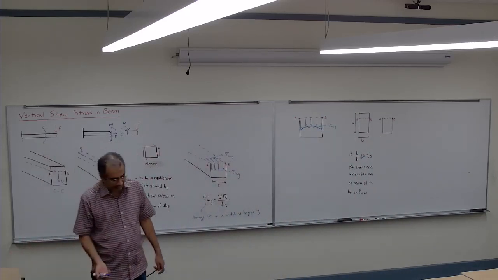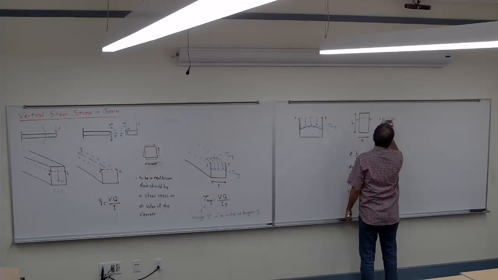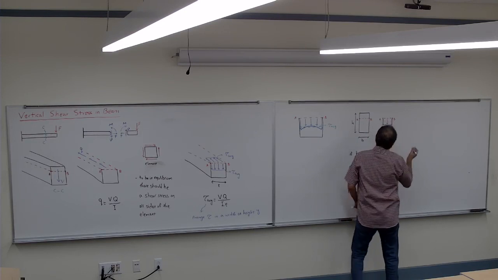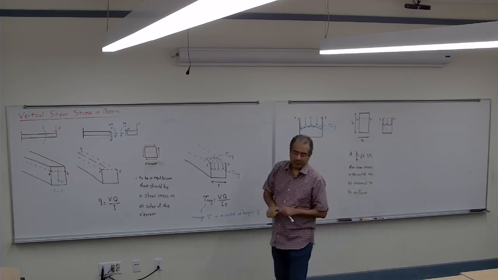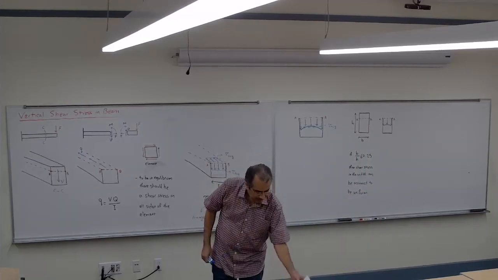It's not exactly uniform, but it's almost uniform. So it goes from here to here and changes very little. So then it's closer to the average value.